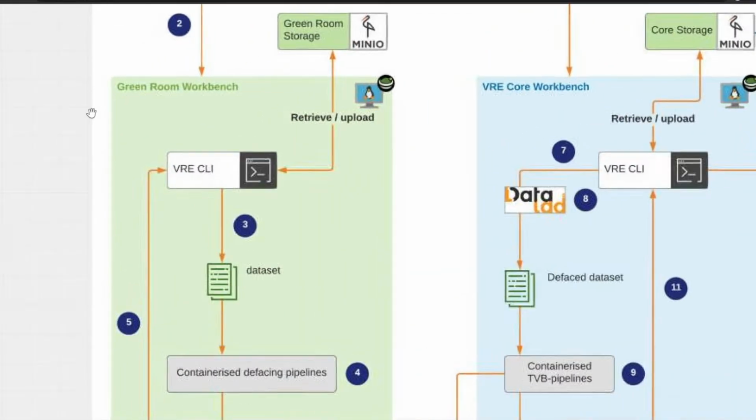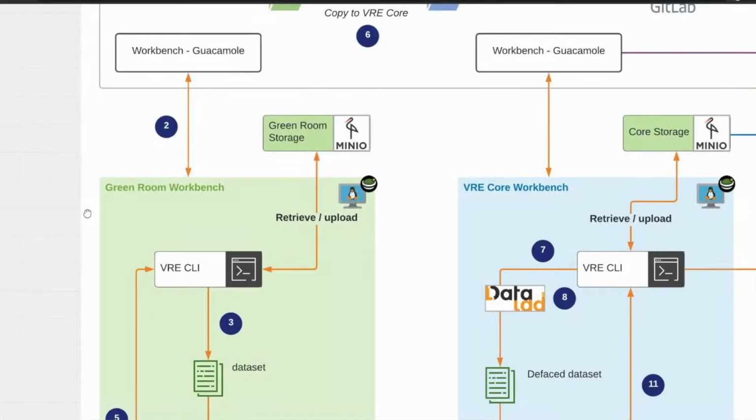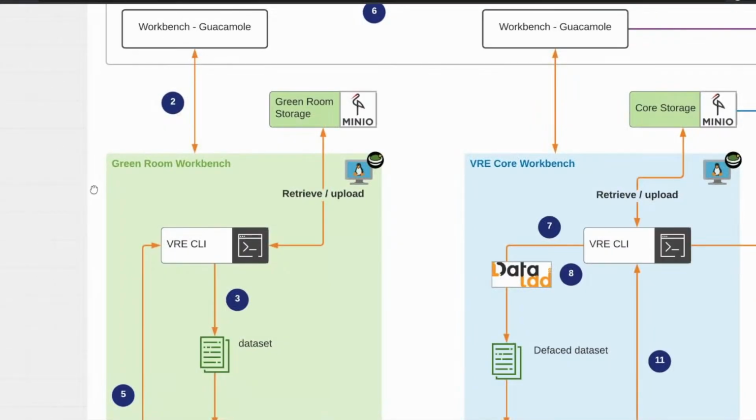So the way we want to do this in this use case, in step 2, is we make our data available for the workbench tools that we are using, in this case, a virtual machine, where we retrieve the data from the green room storage using the deployed VRE command line interface tool.